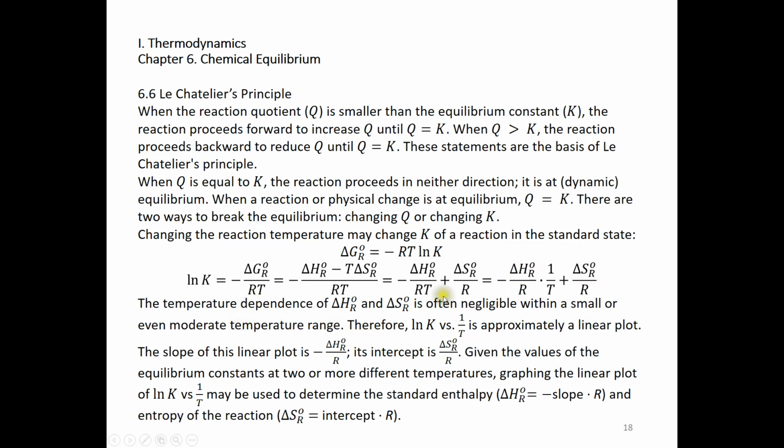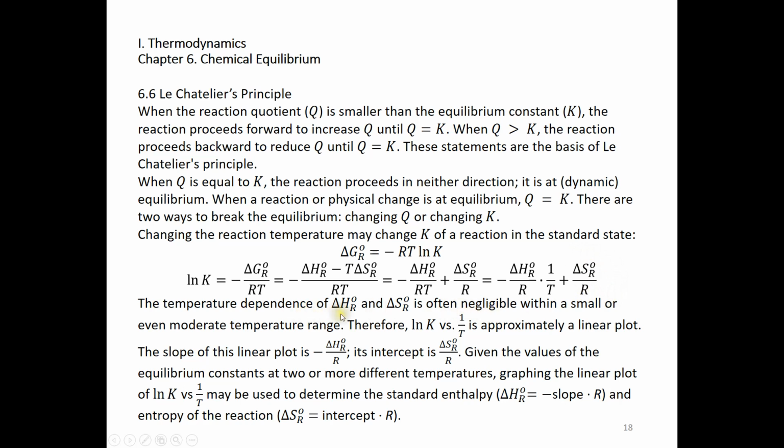So we can see this equation can be plotted in an Excel graph if you do ln K as the vertical axis and 1 over T as the horizontal axis. And you will be able to get the slope and the intercept simultaneously with a linear regression.